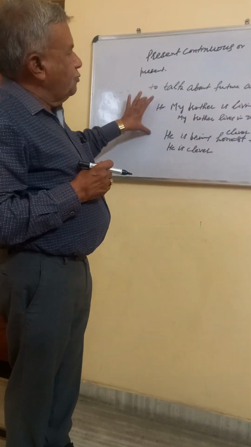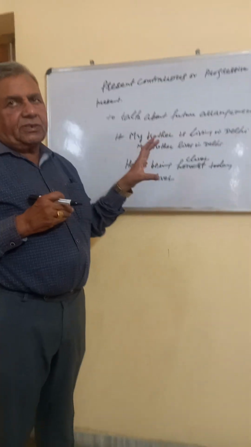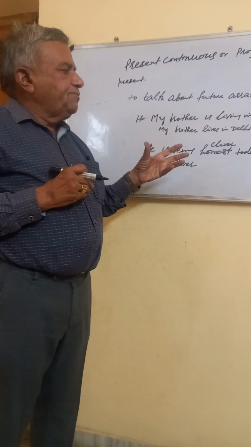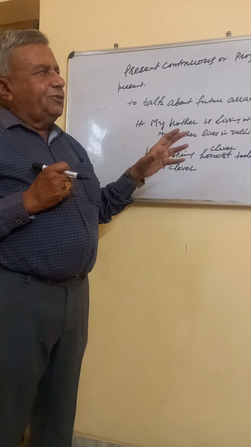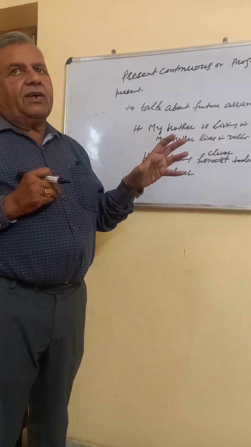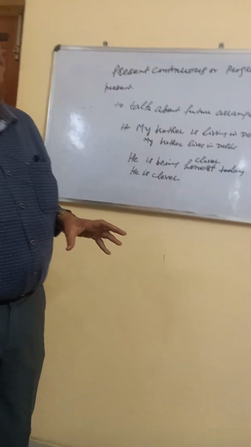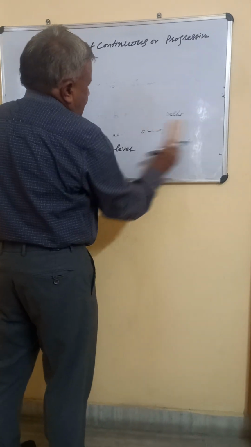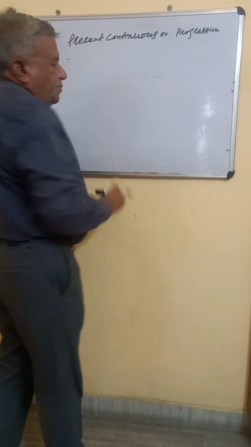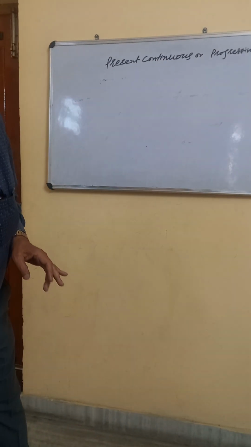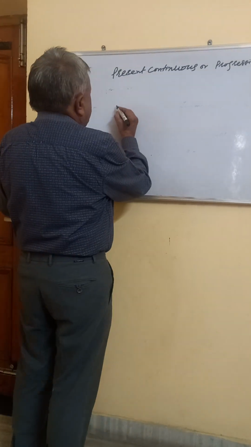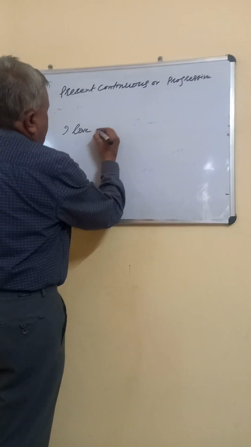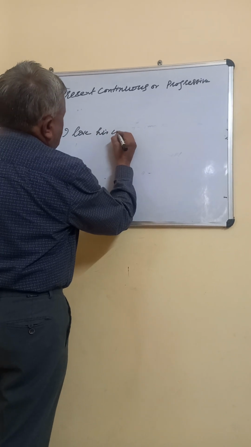Similarly, though we don't use present continuous with stative verbs, if that is a temporary reaction, in that case we can use present continuous even with a stative verb. For instance, I love his coming to my house.